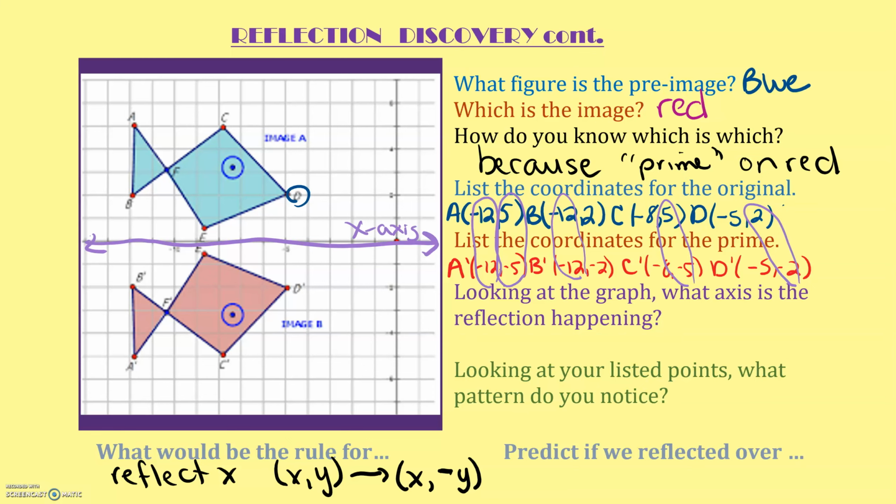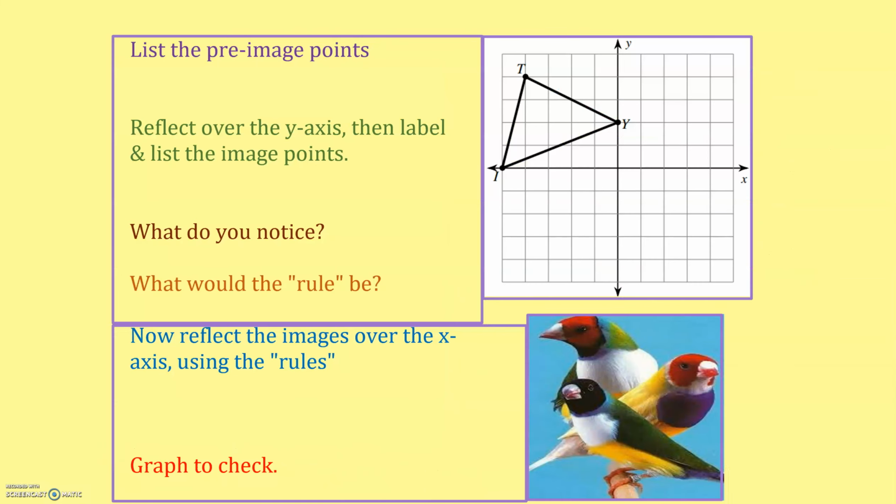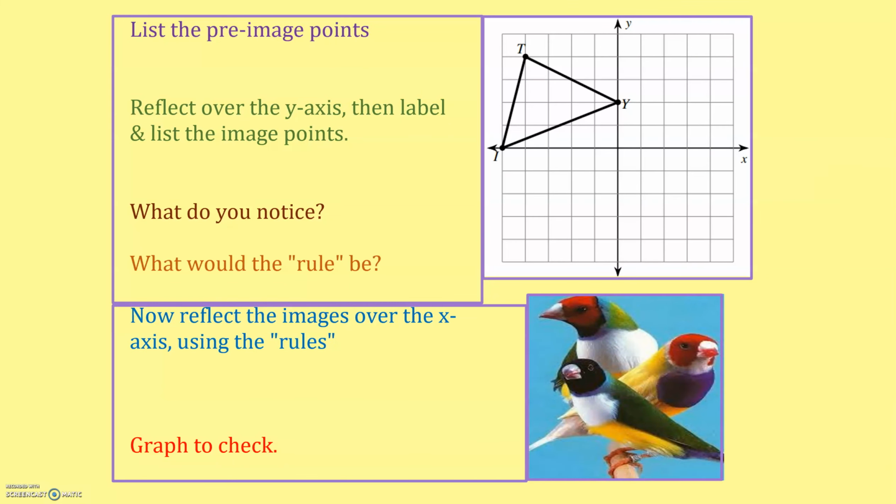Now that you know the rule, pause the video and predict what would happen if we were to reflect over the y-axis. What do you think would happen to our rules? Take a moment and set up your graph with the triangle.